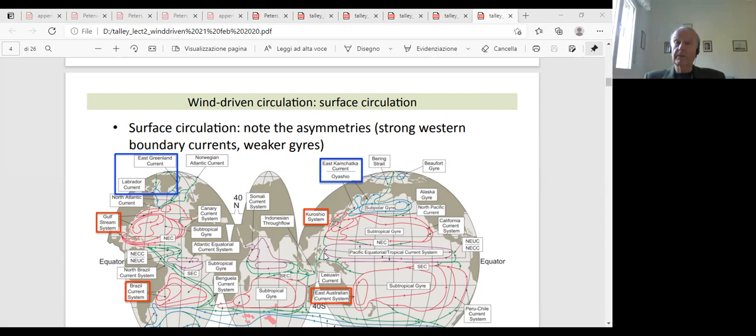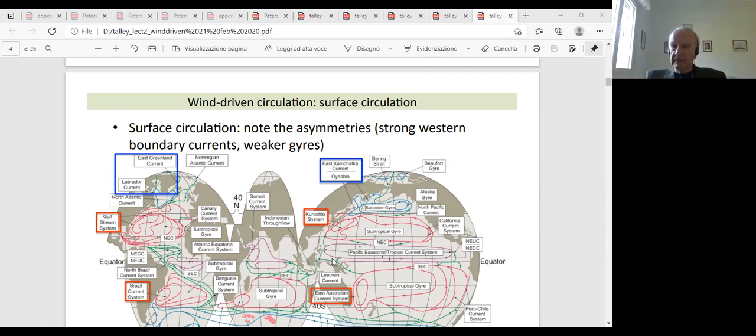So the superposition of these two types of circulation gives the total pattern of the surface world ocean circulation, and that's how it looks.